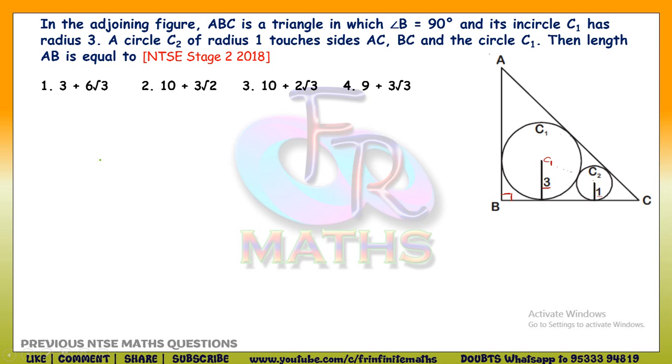So he is asking for one of the sides of this particular right angled triangle. Now, we know that at the point of contact the tangent and the radius will be perpendicular. Let us see those points.